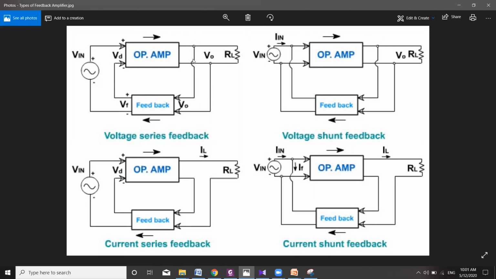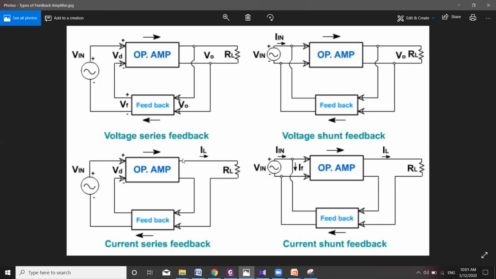So we are taking a part of the output and giving it to the feedback network. We get the output from the feedback network, which we call VF, and that VF is given in series with the input voltage. That is what is called voltage series feedback.